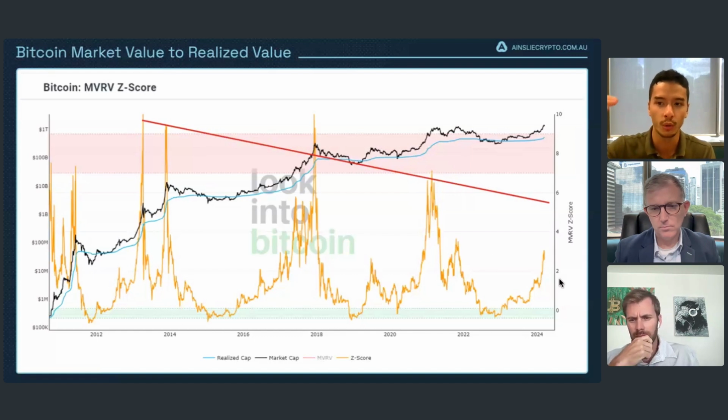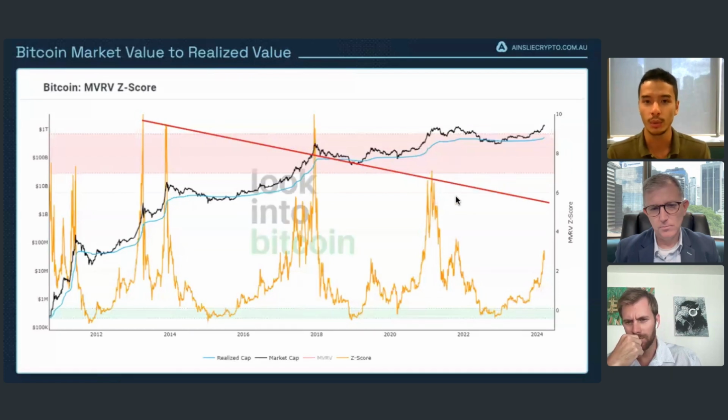So the 0, 2, 4, 6, 8, 10, as you can see there, with Bitcoin hitting around 10 at its peak. And obviously with the 2021 cycle, we hit around the 6.5 mark. What I've done here with that red line is draw it to give you a picture: as adoption's growing and there's more people in the network, the deviation will probably go down as we go further along the curve of adoption, right?